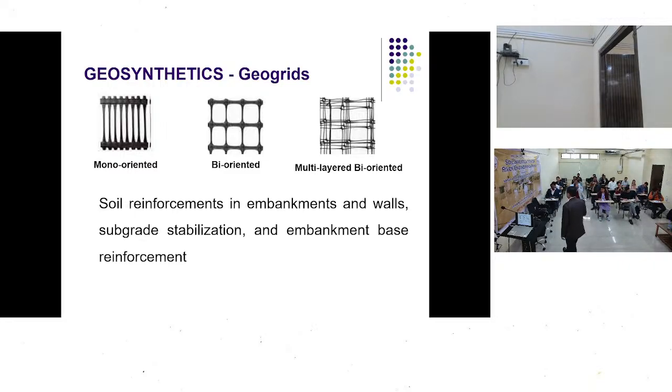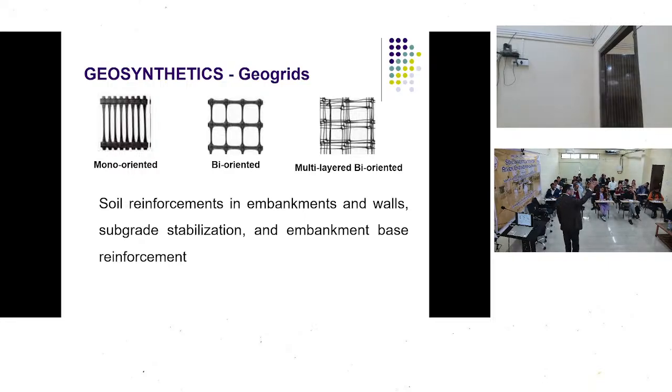So why mono-oriented geogrids? Why bi-oriented geogrids? The question should come, why are there two different types of geogrids. These are basically based on the different types of applications, and the applications depend on the types of forces which are there. For example, I am going to have an embankment. Now, the embankment is going to be in one direction, and the forces which will come will be only in the sliding mode.